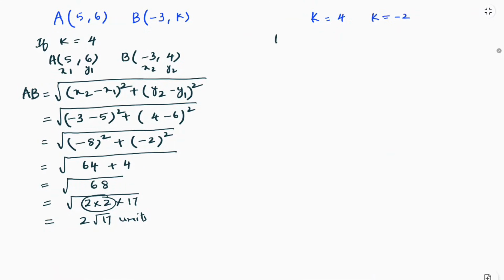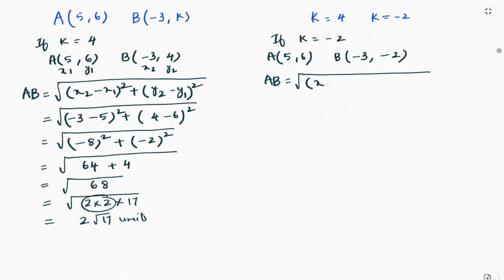Now if I use minus 2 also, I'll get the same answer in place of k. So we'll check for that. If k is minus 2, A as it is (5, 6), B is (-3, k), so (-3, -2). So now the AB distance formula is the same, (x2 minus x1) whole square plus (y2 minus y1) whole square.